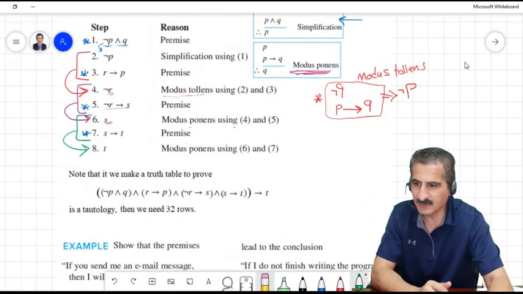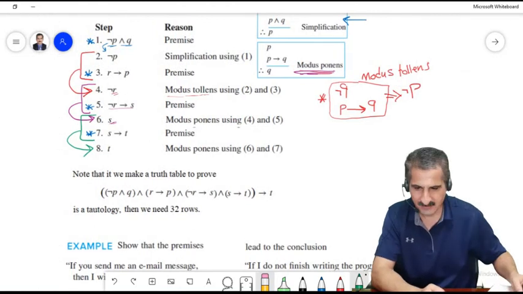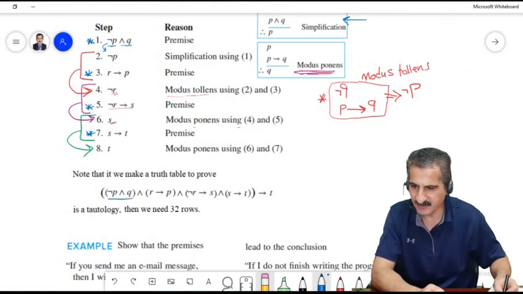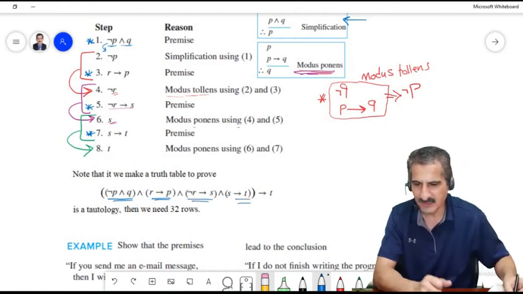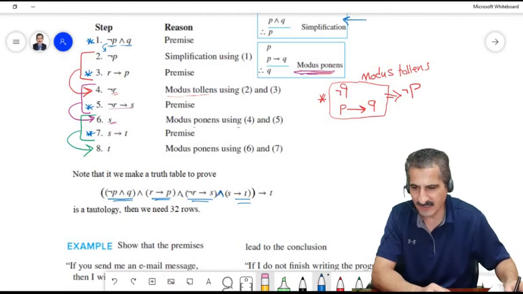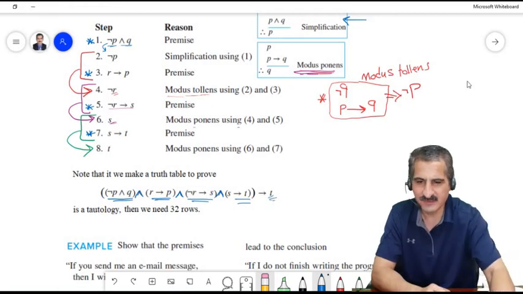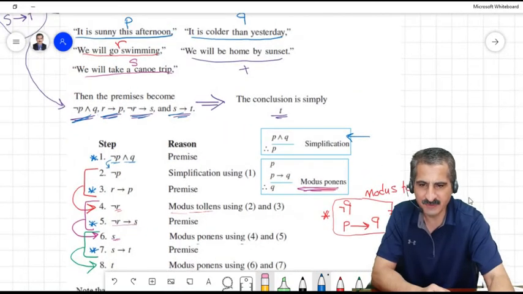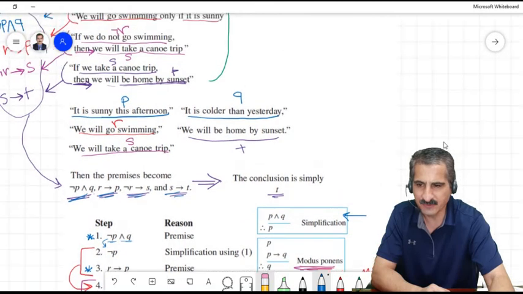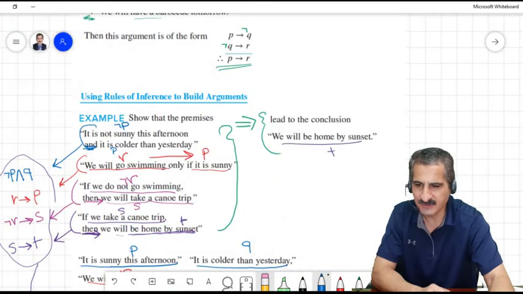And what we have done so far, these are premises, the ones we concluded, and then we join them with and, then we get T. This is to clarify what we meant when we wrote an argument in its general form.